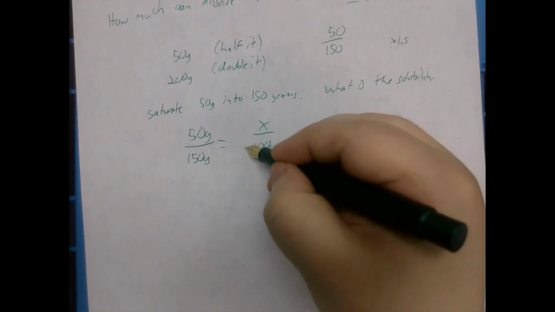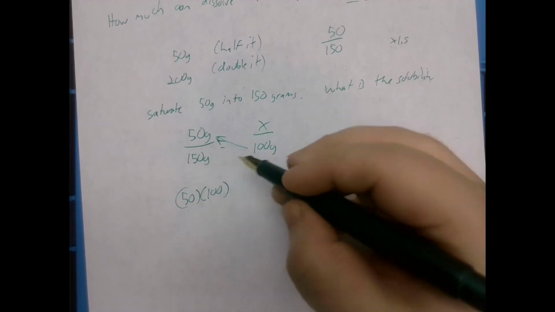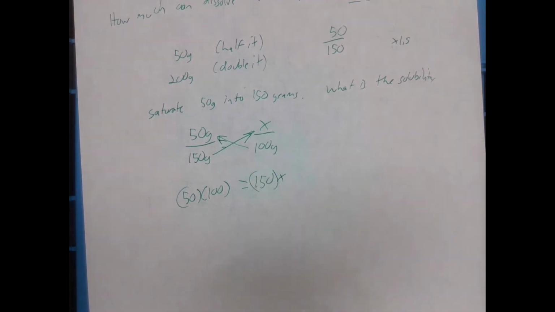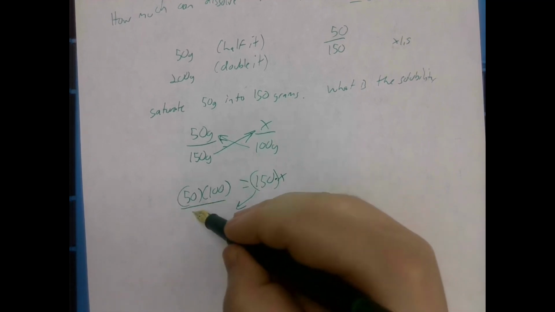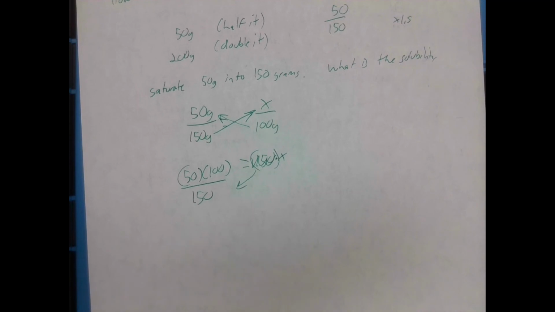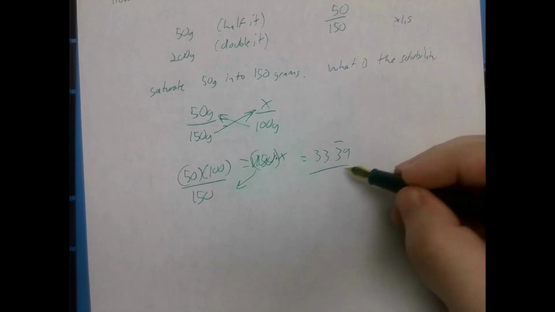So cross multiplying, that'd be 50 times 100 is equal to 150 times x. This is being multiplied on this side, so we need to move it over here by dividing. And x would be, and lift up your head, 33.3 grams per 100 grams of water.